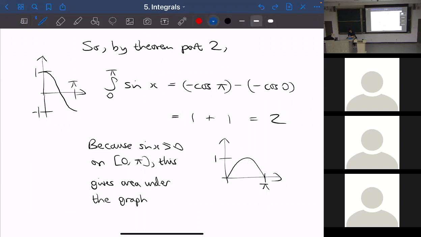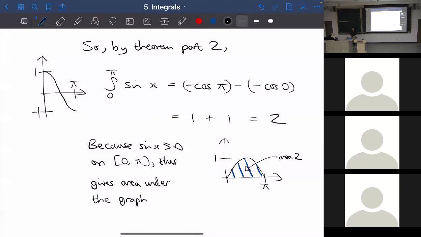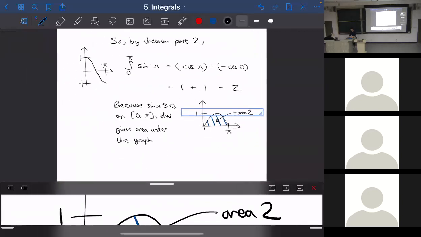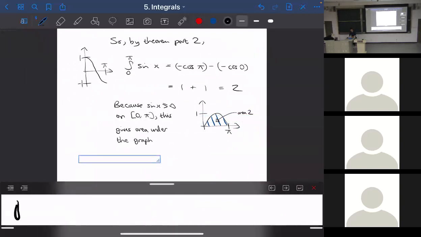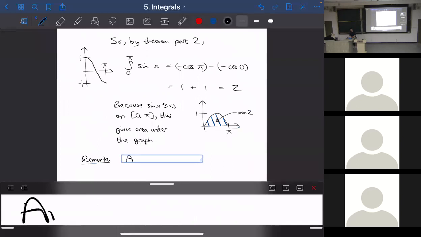So here, we have that this area is 2. And so, remark, this is just an amazing result.